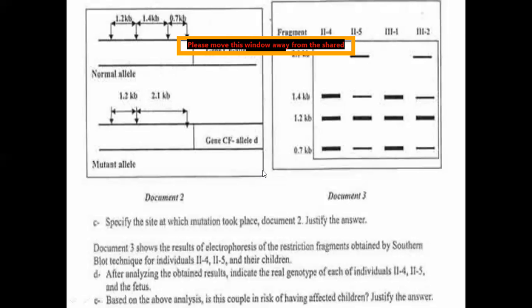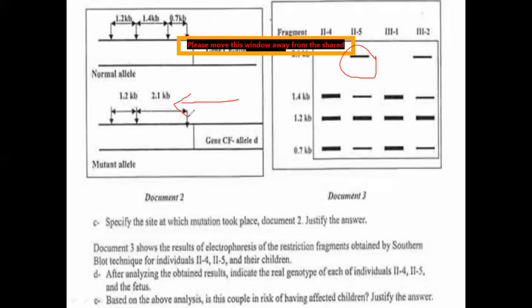What do you think about 2-5? It has a single fragment on 2.1. Okay, so whenever they have the 2.1, first of all, pay attention, all of you. Whenever they have the 2.1, 2.1 is exclusive for what?